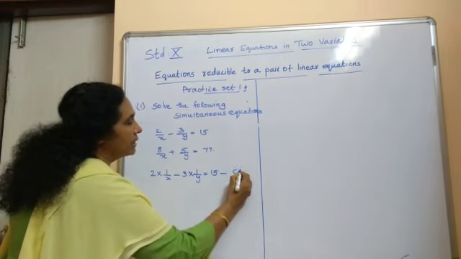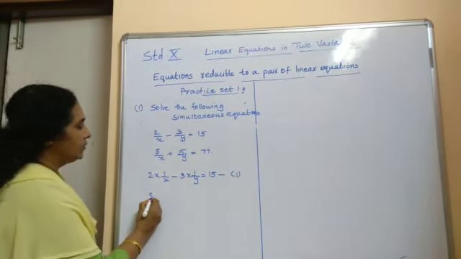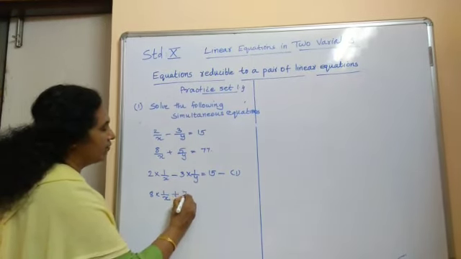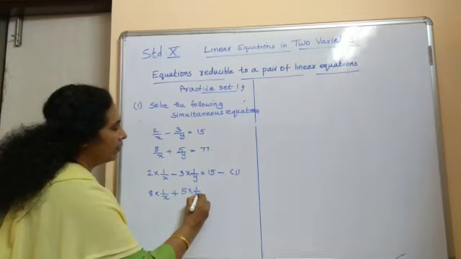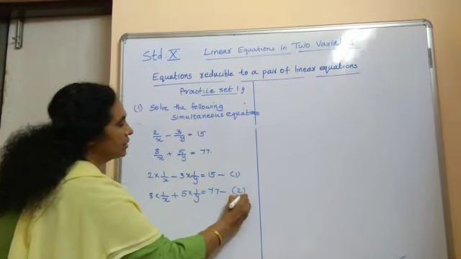Let this be equation number 1. And second one, 8 into 1 upon x plus 5 into 1 upon y is equal to 77. This is equation number 2.